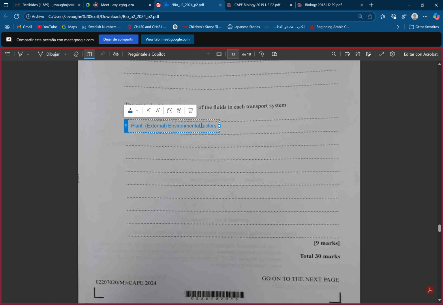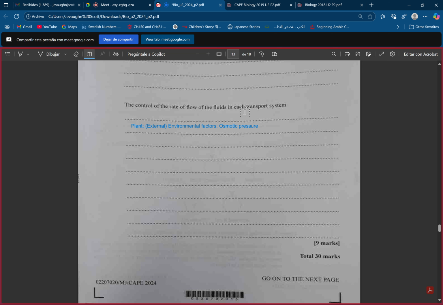Those things will affect the rate of flow of fluid in the plant. And they also use osmotic pressure. Let's say that. So those things determine the rate of flow of fluids in the plant's transport system.